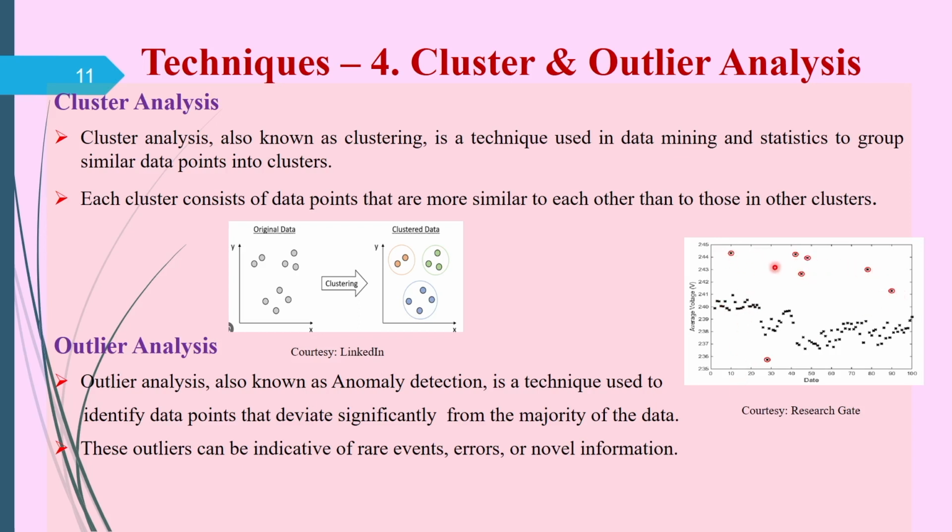Rare events, novel information, errors or fraud elements can be identified when we plot it into the group, and this is called outlier analysis.